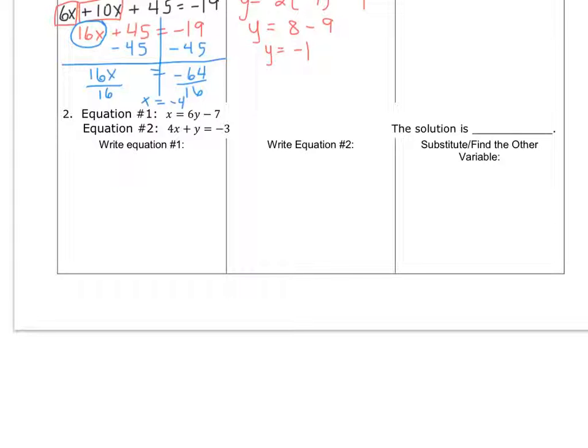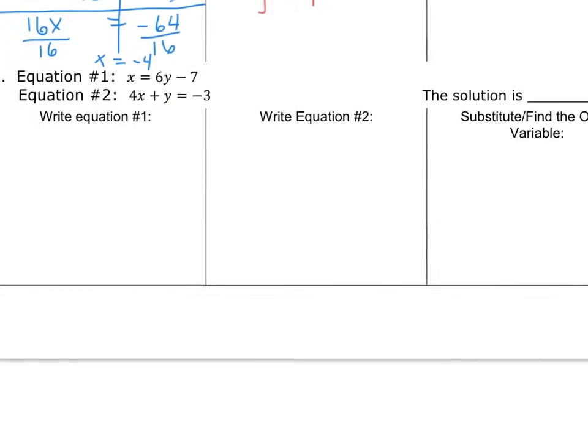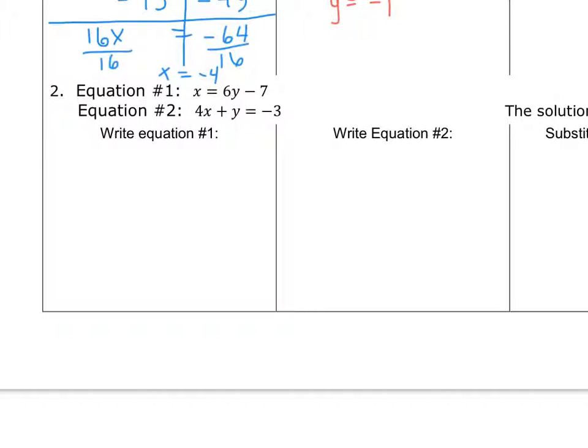So what we've been given in this one, example number 2, is we've been told that x equals 6y minus 7. So that's what x equals. So I'm going to take equation 2 and rewrite it, but I want to substitute the x because the x is the value I know.